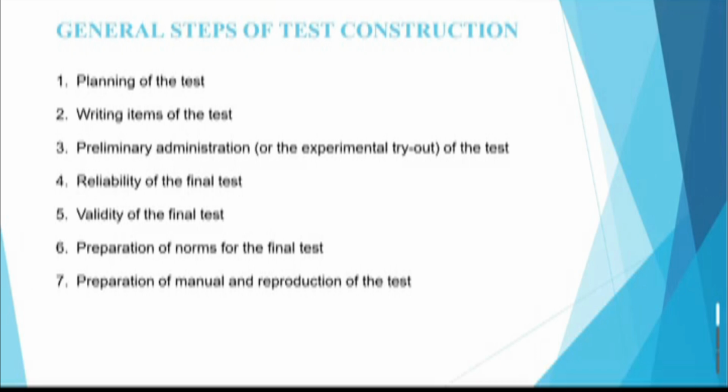The person who conducts the research should prepare it in a way that the test itself provides a rich source of data. Only then can you actually achieve your purpose, and in future build upon this test also. So writing the items of the test is very important. It forms a rich source of data at a later point of time.